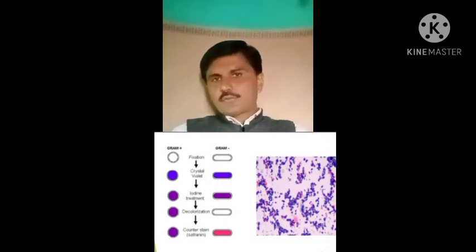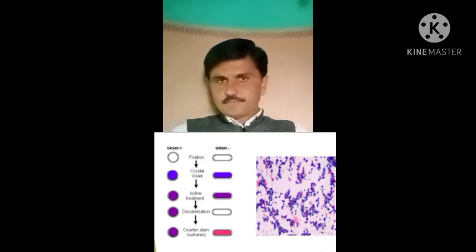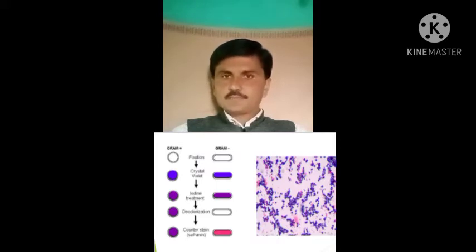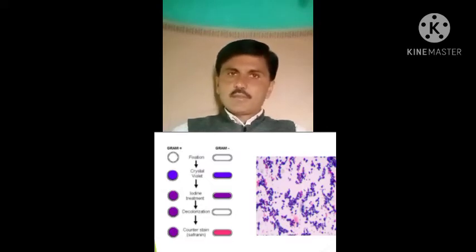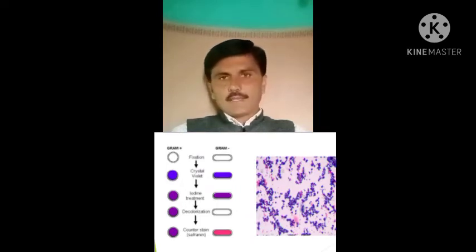This DNA, which is circular in nature, lies in the bacterial cell in the cytoplasmic space. The chromosome is circular, whereas in the eukaryotic cell we see linear chromosomes. The chromosome DNA is double stranded.